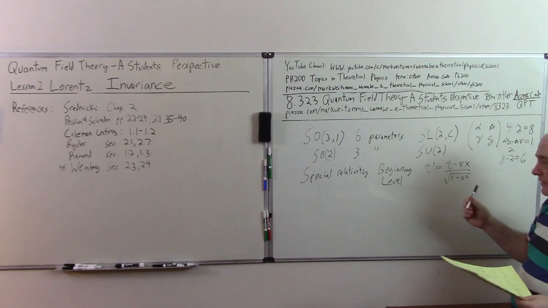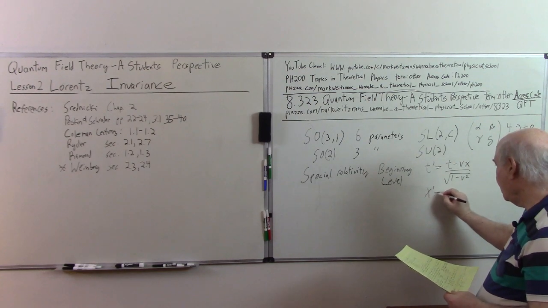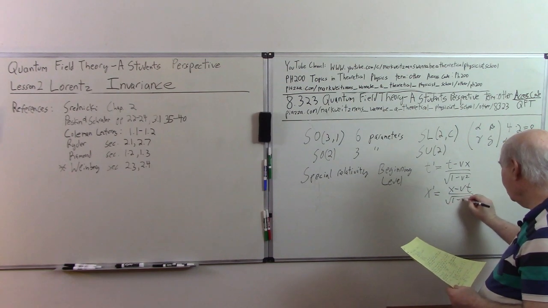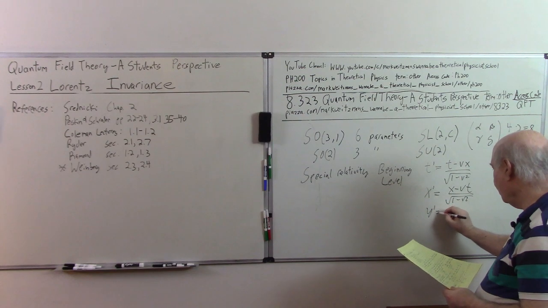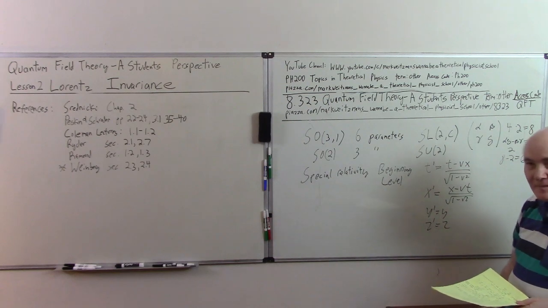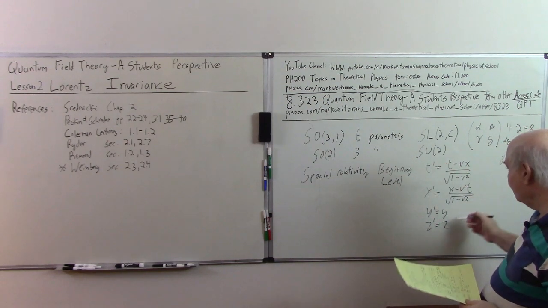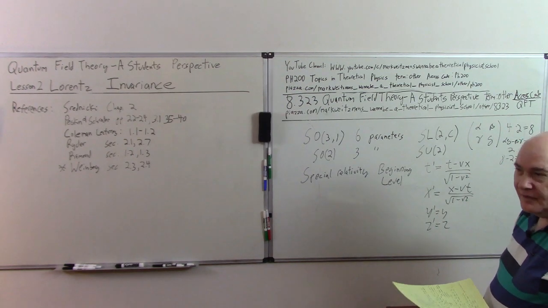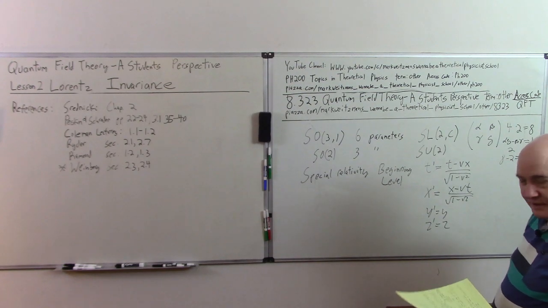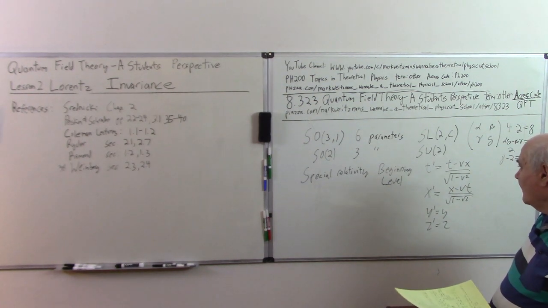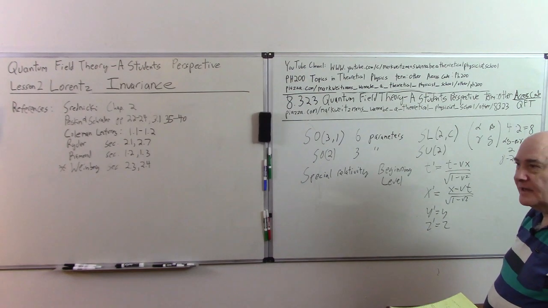Remember, I'm always using c equals 1. x' equals (x minus vt) over the square root of 1 minus v squared. y' equals y, and z' equals z. And that's it. Really it's just two equations, and these two just go along for the ride. With these equations you can do a lot, and in your special relativity studies you'll have analyzed Lorentz contractions, time dilation, all kinds of nice effects, E equals mc squared, and everything.